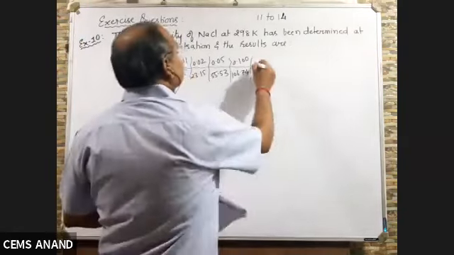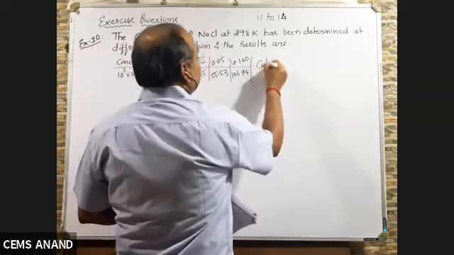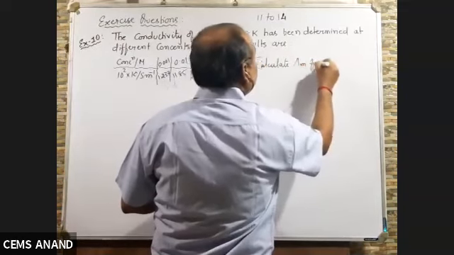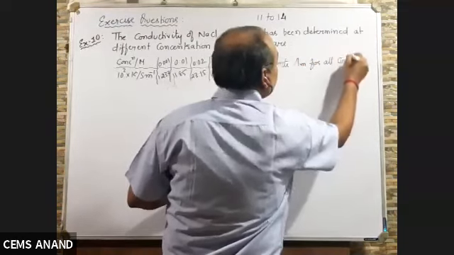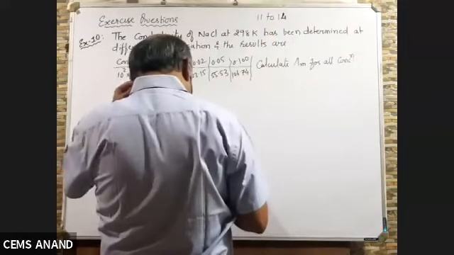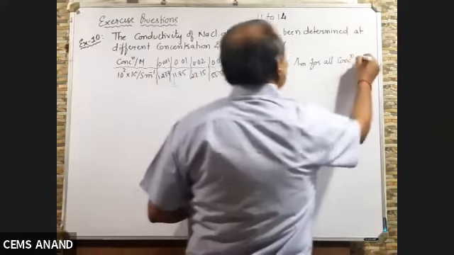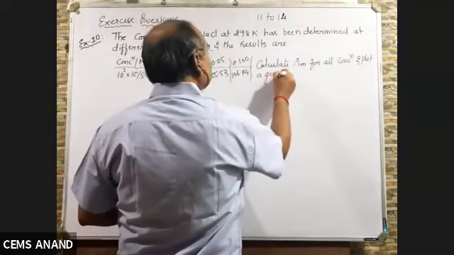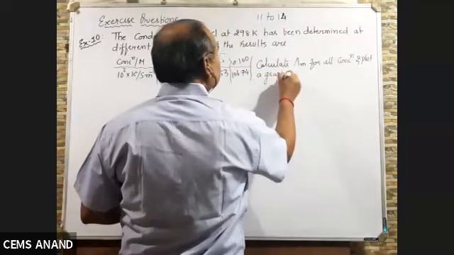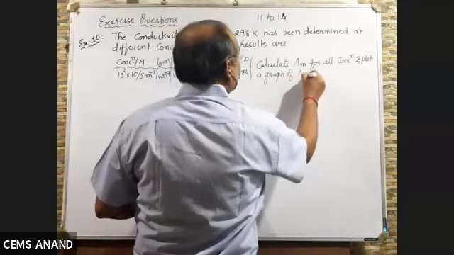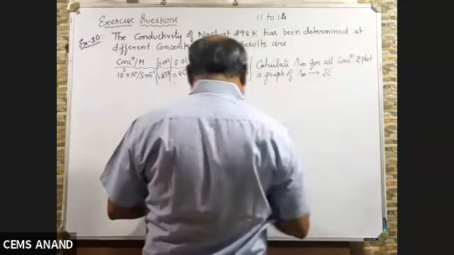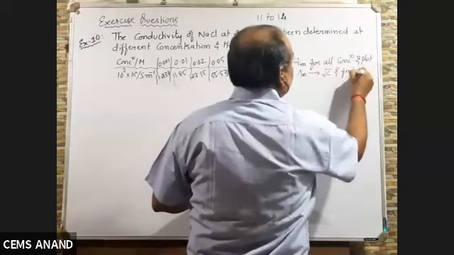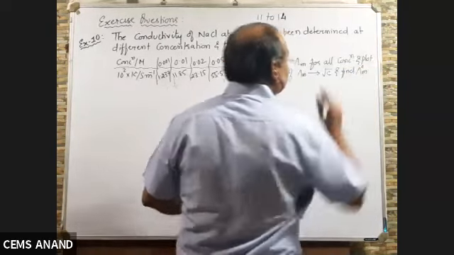Calculate lambda m for all concentrations and plot a graph of lambda m versus square root of c and find lambda 0 m.